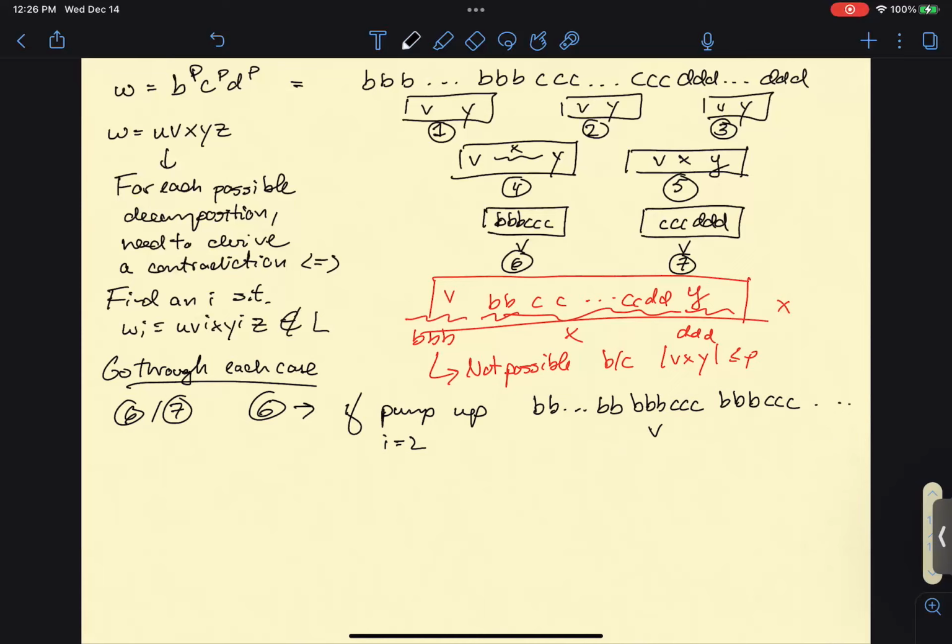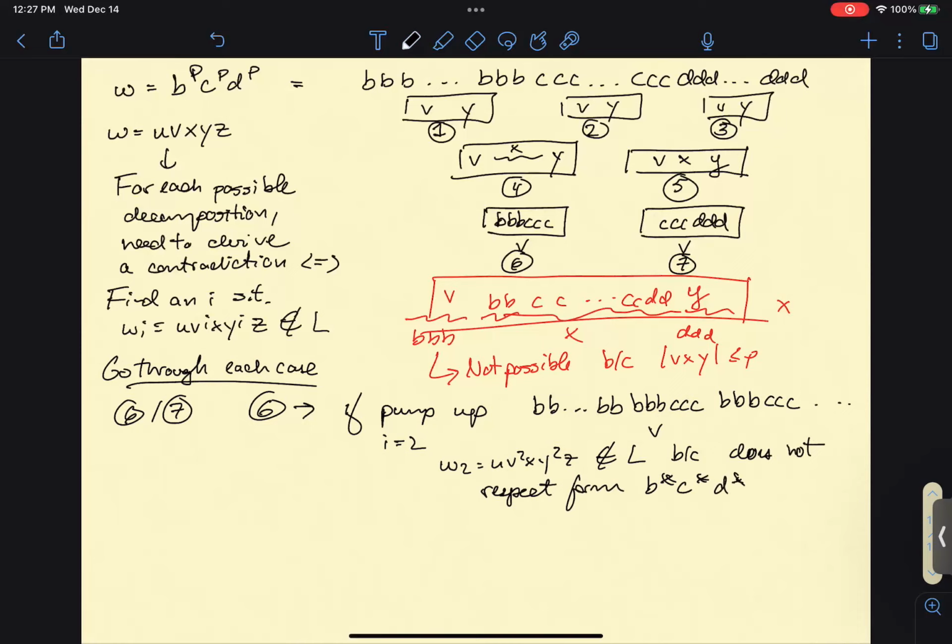So here w_2, which is UV^2XY^2Z, is not in L because it does not respect the form B star, C star, D star.